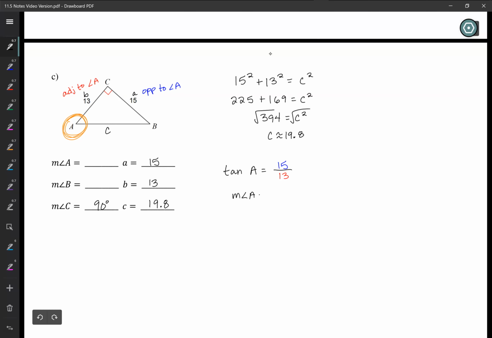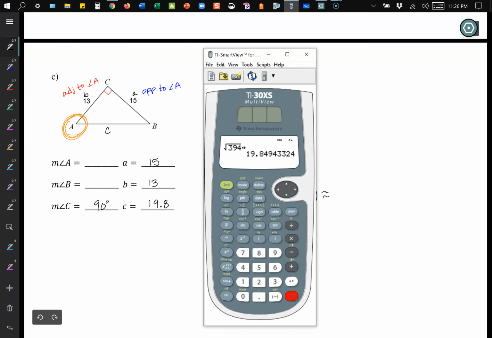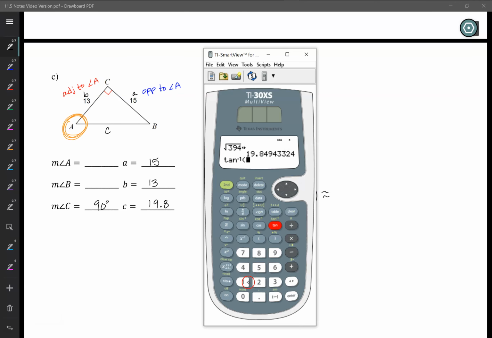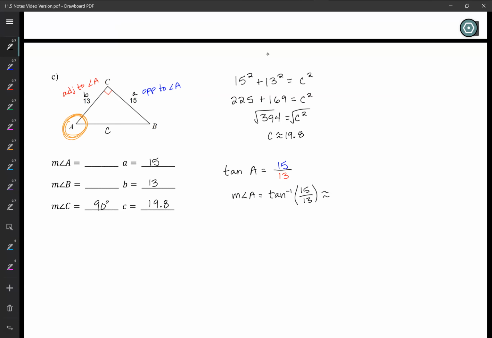Hey calculator, the tangent of angle A is 15/13. Tell me how big it is. Inverse tangent, 15/13. About 49.1 degrees.